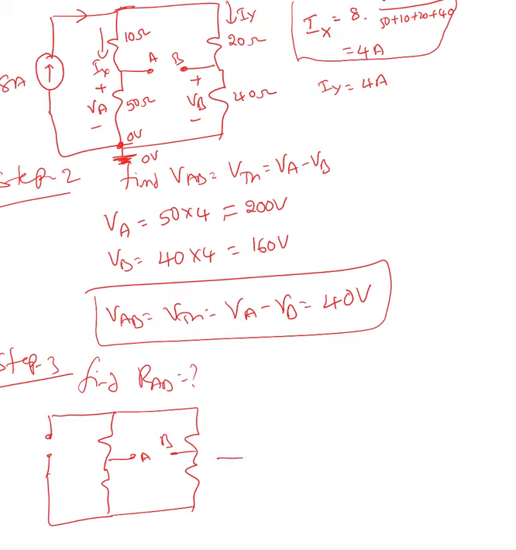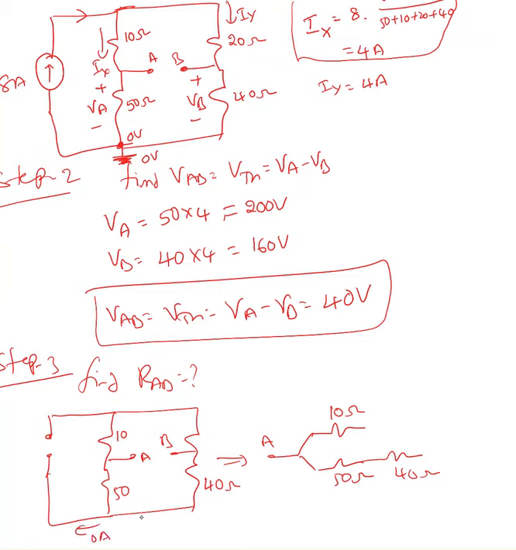So I'm going to redraw the circuit. So start from A, there are two paths. This is 10, 50, 10 ohm, 50 ohm. Now that 50 ohm is in series with 40 ohm, because there is no current flowing in this direction.